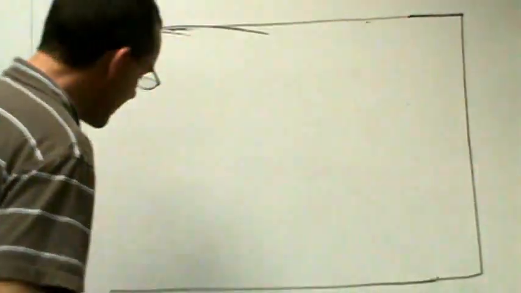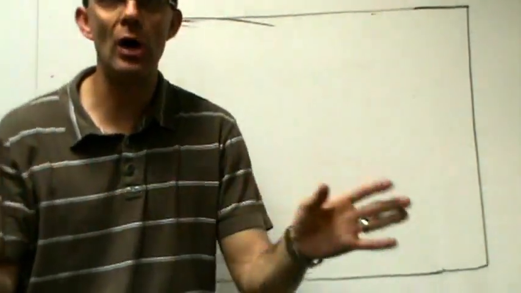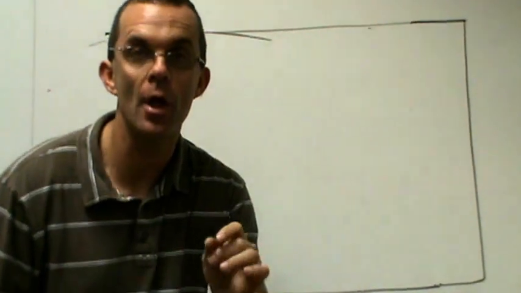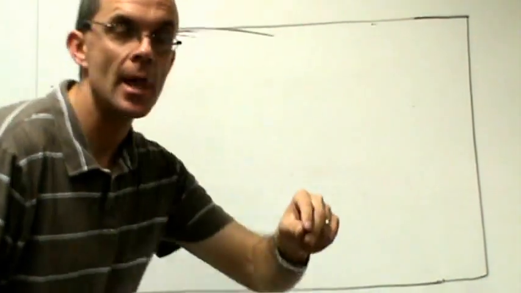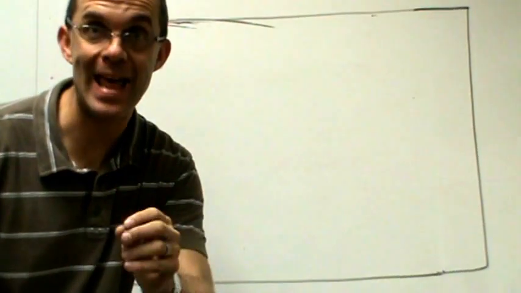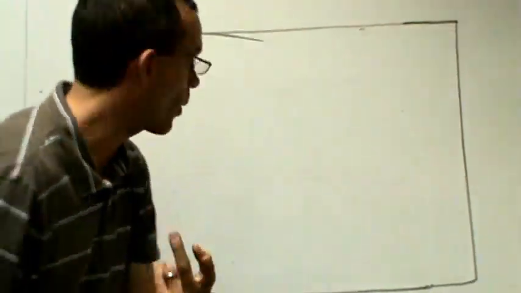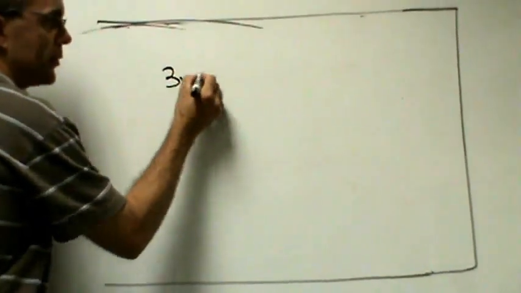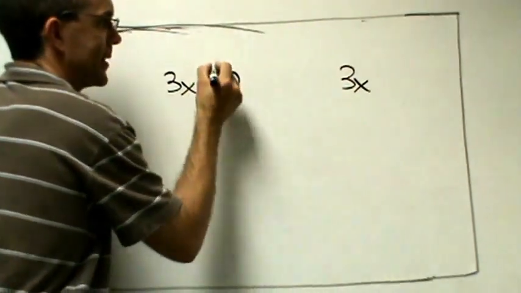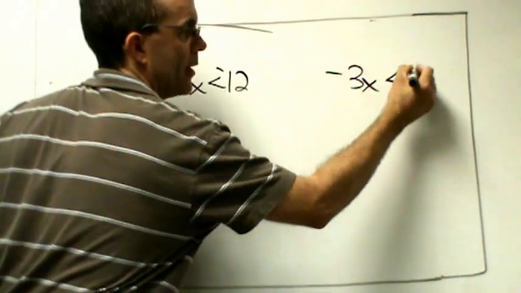Remember, the only difference in these questions, you still solve them like normal. Your goal is still to get the variable by itself. But the only difference is, if at some point you multiply or divide by a negative, you must flip the inequality. So here's 2 examples. This is just like the last step of the problem. So make that a negative, make that a negative, and this.